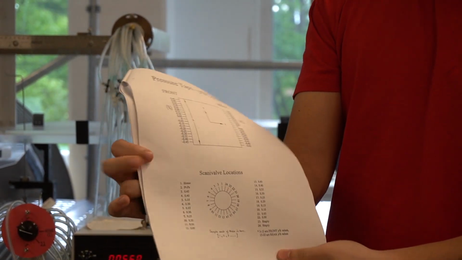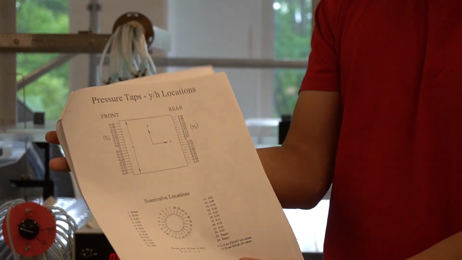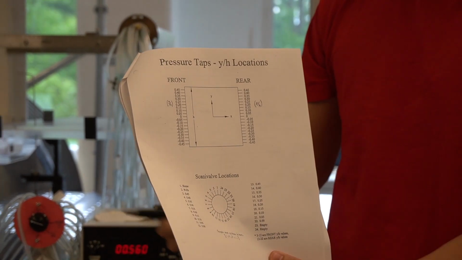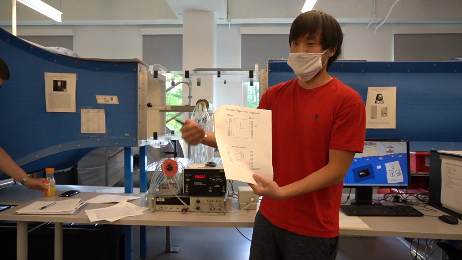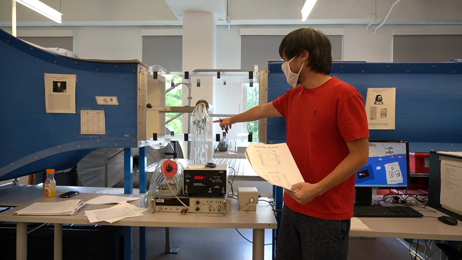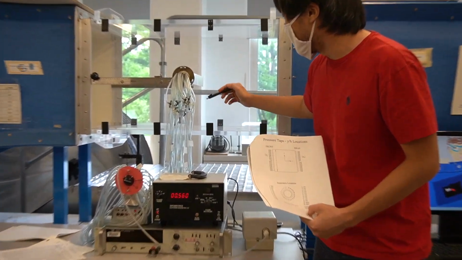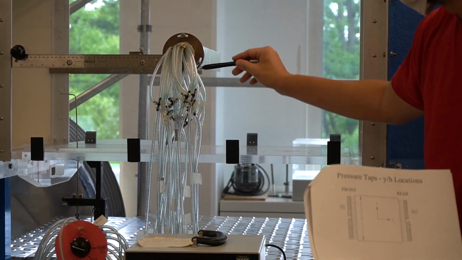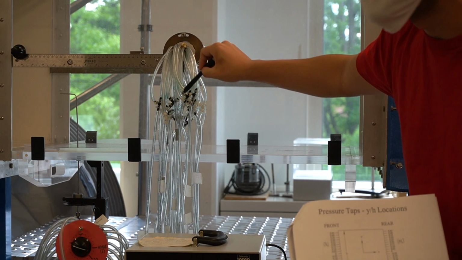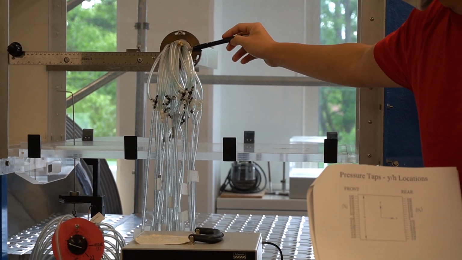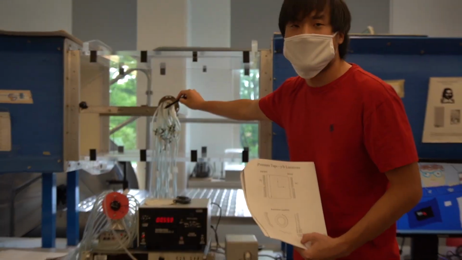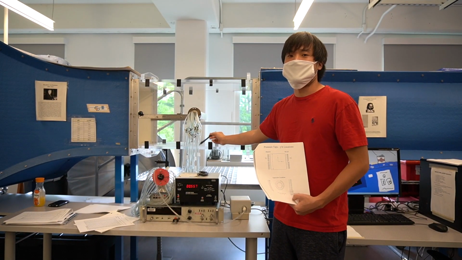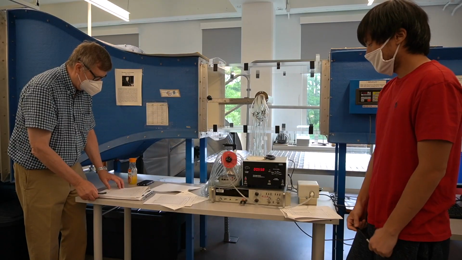The reason is that our square cylinder is symmetric, so any data we measure for the positive side will be symmetric on the negative side. If you look closely at the Tygon tubing, for each tube that leads to the pressure transducer there are actually two tubes, one from the positive side and one from the negative side. So our data is actually the average of both sides. Okay, thanks for all that.